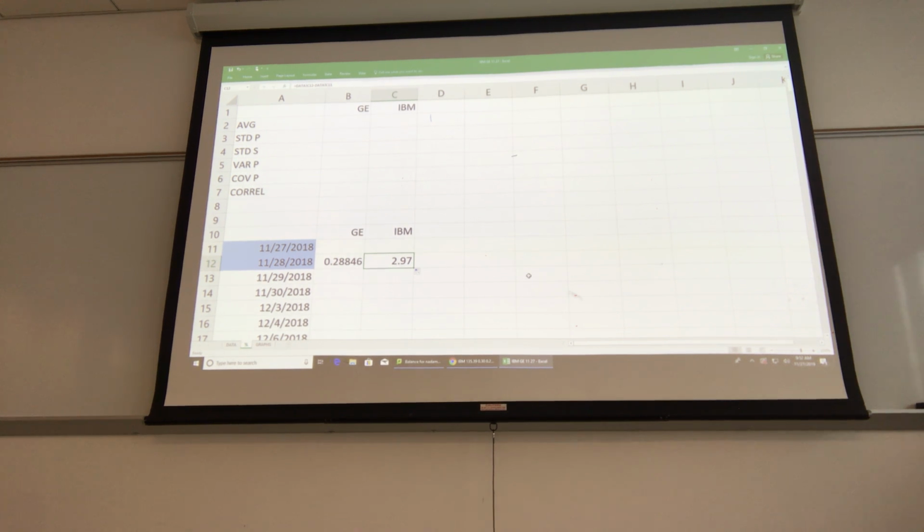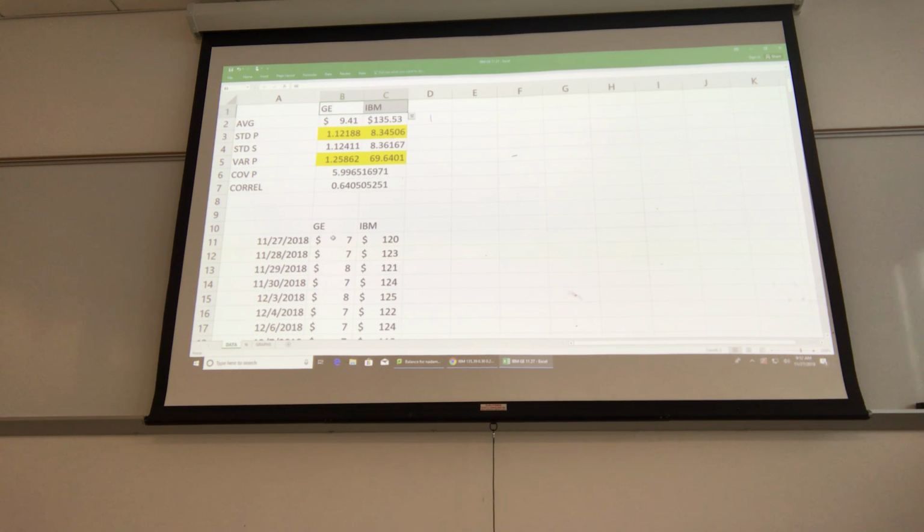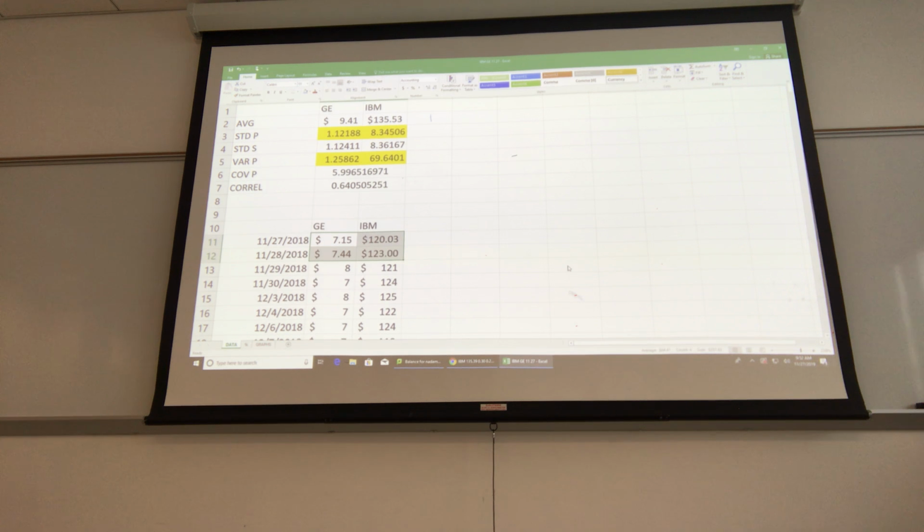But IBM and General Electric have stocks valued at different levels, so she wants to make an equivalent comparison.